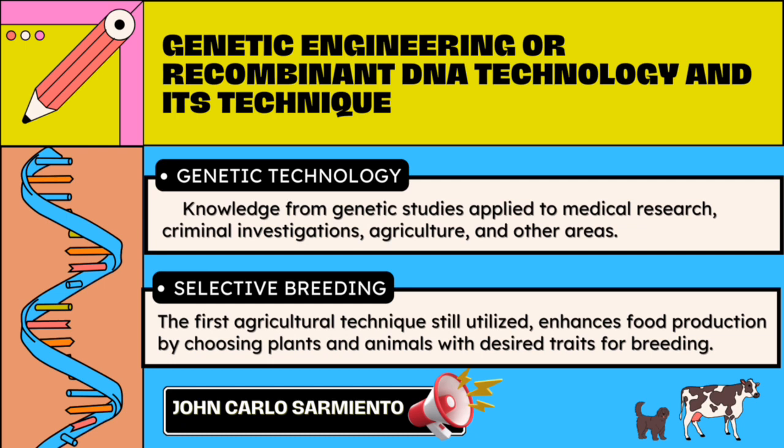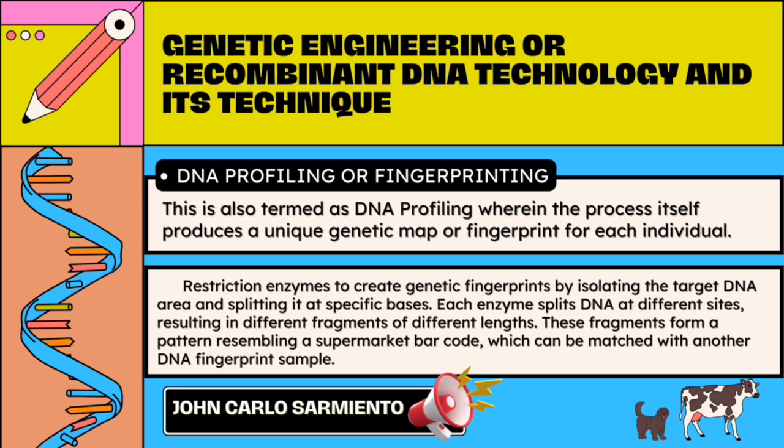Selective breeding. The first agricultural technique, still utilized, enhances food production by choosing plants and animals with desired traits for breeding. Now we're done with genetic engineering or recombinant DNA technology and its technique.